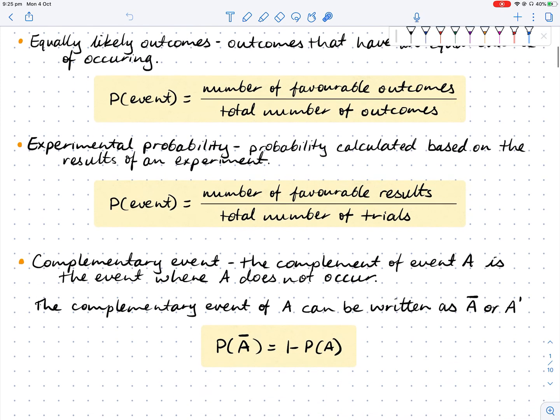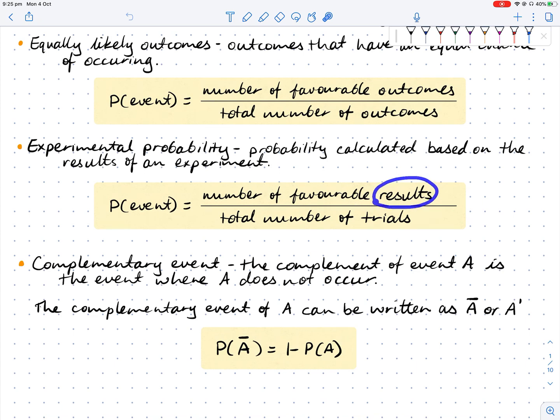So if we're looking at experimental probability, we're looking at the results of the experiment. Okay, so the results of the experiment don't always necessarily reflect the actual trial. So if I were to actually physically toss a coin 100 times, the chance of it being perfectly 50-50 is actually quite low. Like I might get a 49 and a 51.